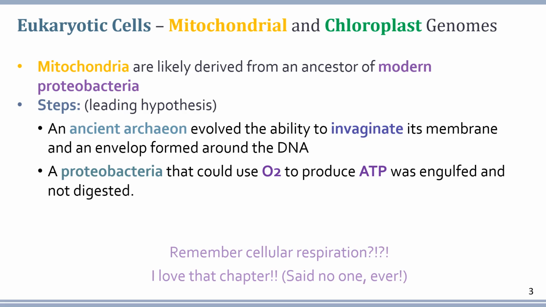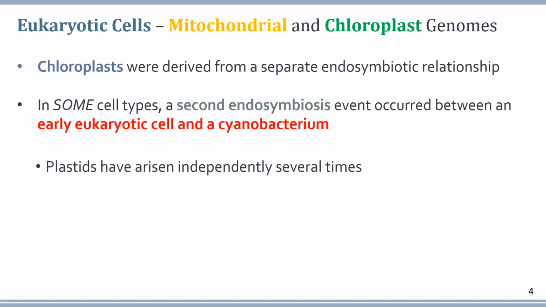So all of our eukaryotic cells are going to have the archaea nuclear DNA, and then the mitochondria. In some cell lines, specifically the algae and plant lines, they are going to also have chloroplasts.